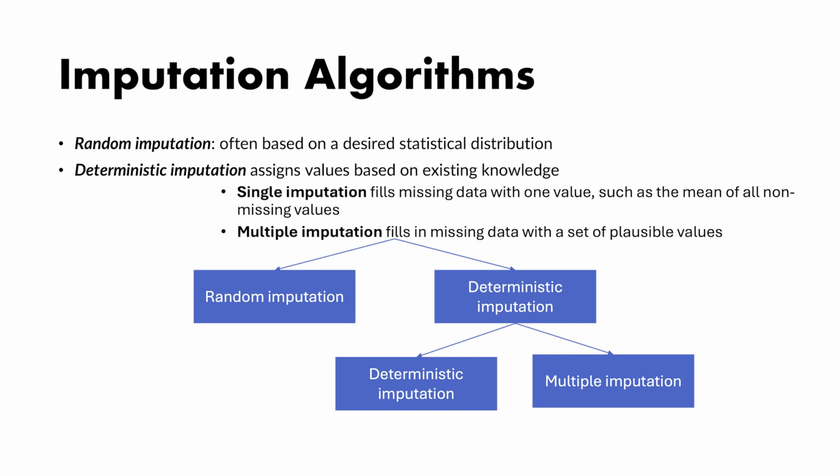The primary objective here is to create a new dataset that retains the statistical properties of the original data without missing data. The choice of the imputation method should be informed by the nature of the missingness, of course, and by the specific characteristics of your data.